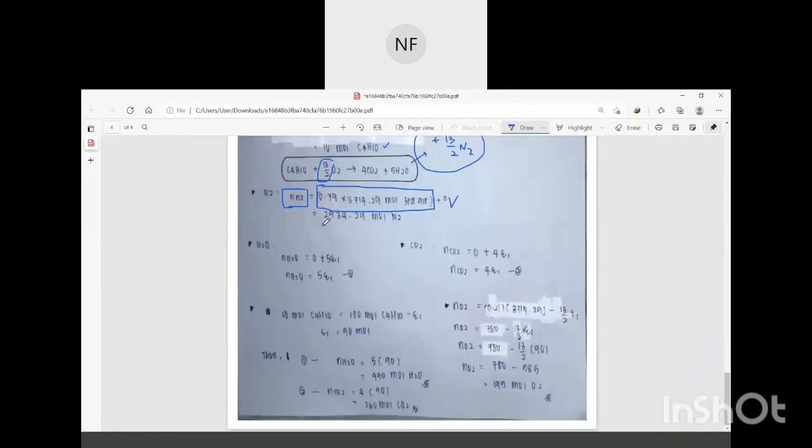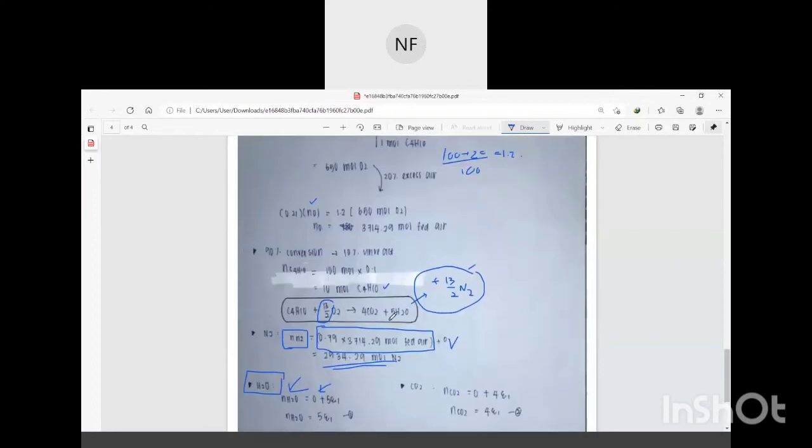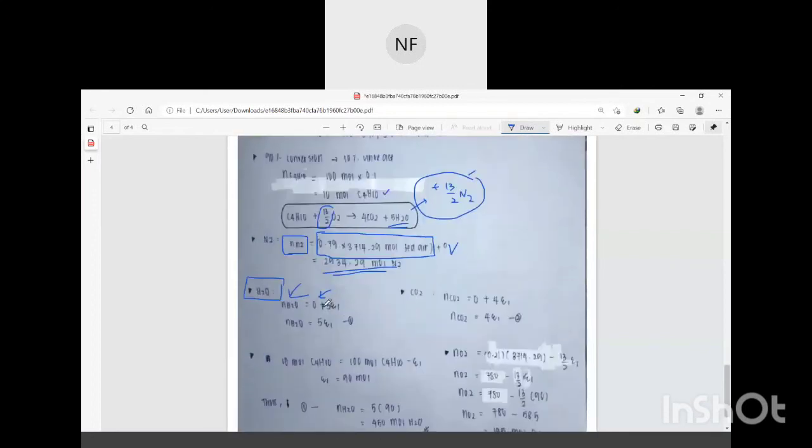Next, we can find the number of moles of water. The number of moles of water at the output side, which is what we must find, equals the number of moles of water at the input side, which is 0 because water is a product in this reaction, as we can see in the reaction, plus 5 times the extent of reaction.